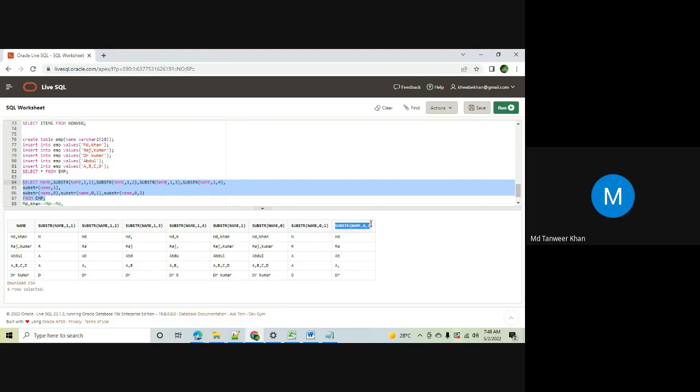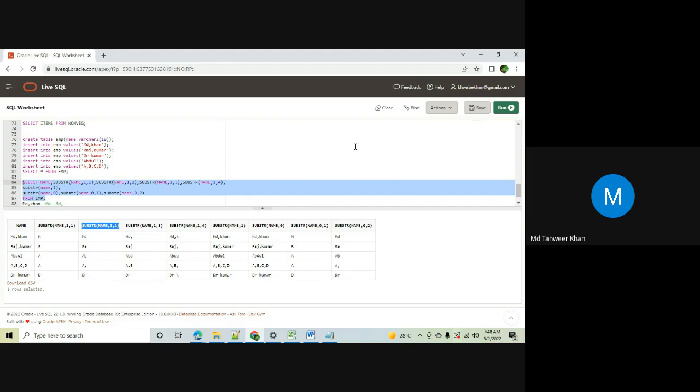So from these examples of taking 0 as the position, what did you understand?